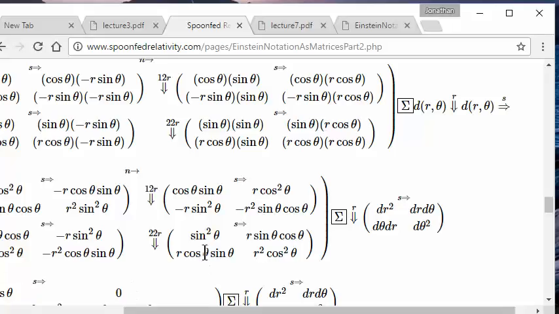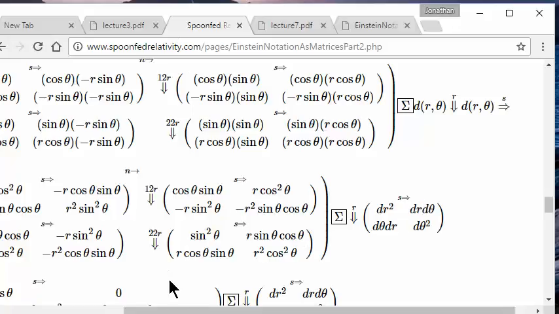And then we'll take this matrix, this plus this, cosine squared theta plus sine squared theta times dr squared, plus minus r cosine theta sine theta plus r sine theta cosine theta. That would be 0 times dr d theta.